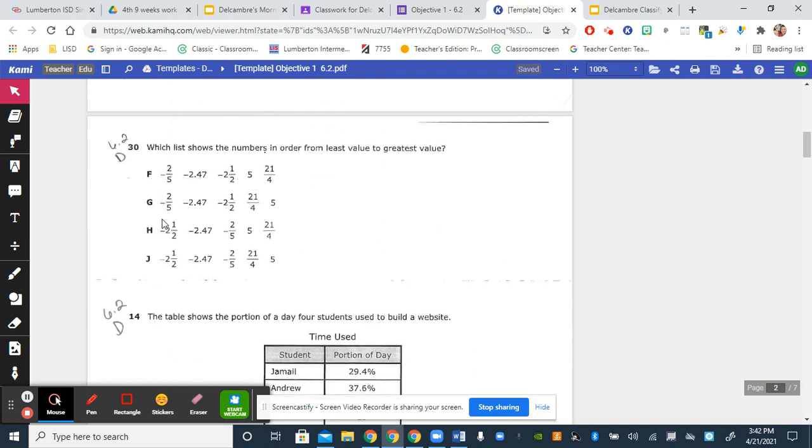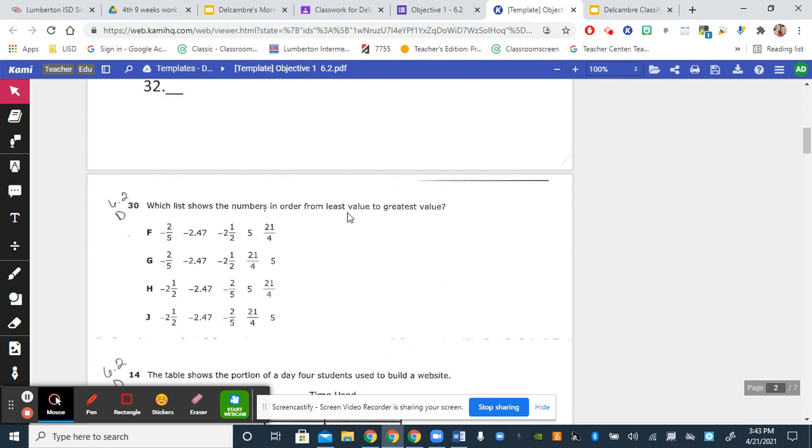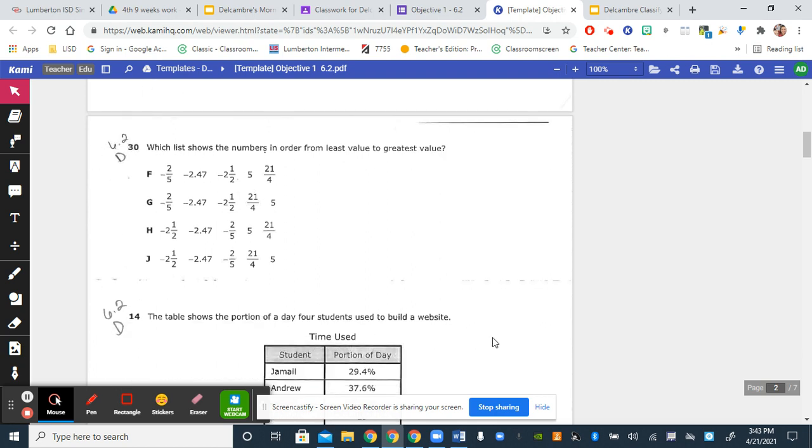So if you pull it up, what we did was collaborated and got under the 6.2 TEK, we went through old STAR questions to get us prepared for it and review, and pulled up all the questions that fell into 6.2. So our first question, which list shows the numbers in order from least value to greatest value?